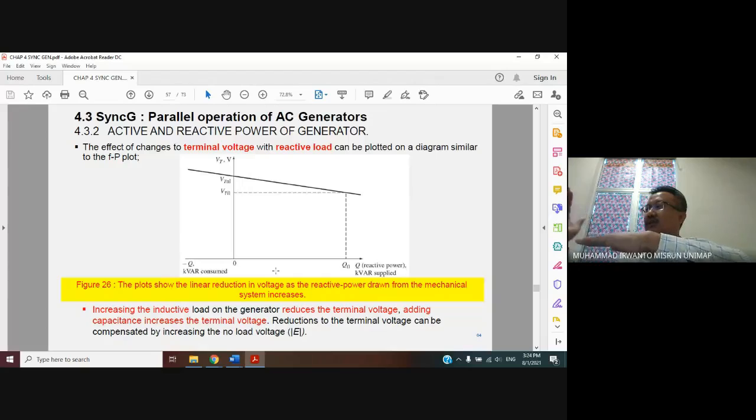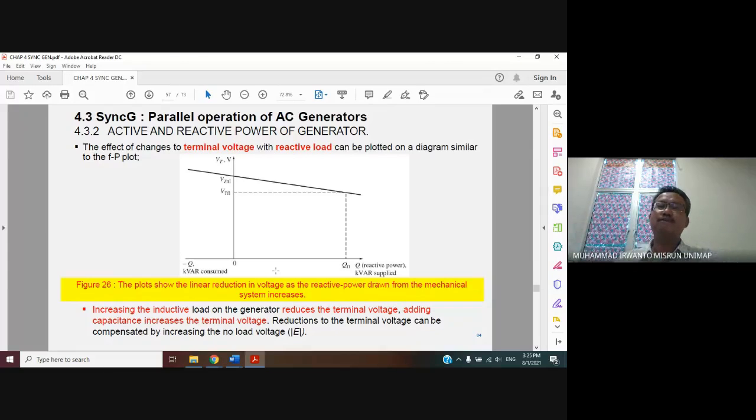Same as active power relates to frequency, reactive power relates to the terminal voltage. When the reactive power increases, the terminal voltage will decrease. If the reactive power decreases, the terminal voltage will increase. But in normal condition, the terminal voltage should be maintained at a fixed value.